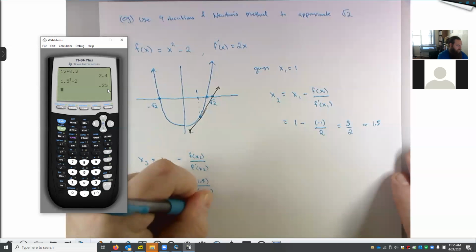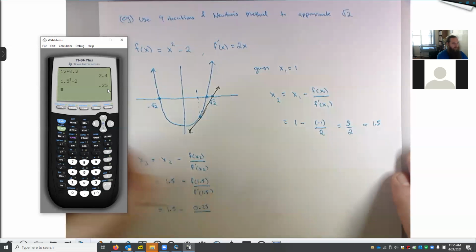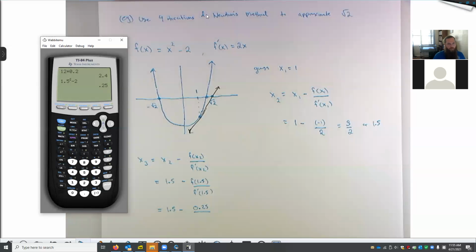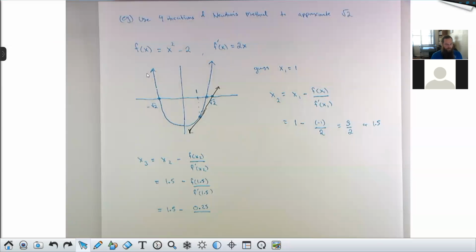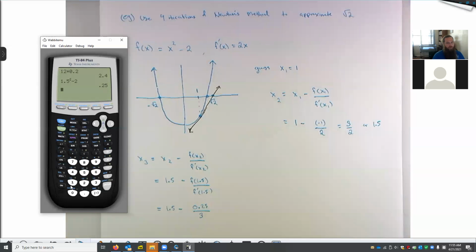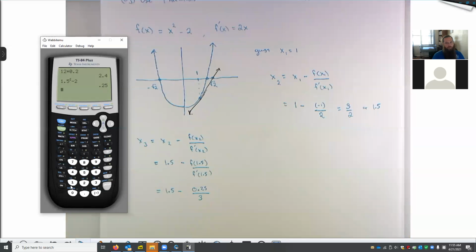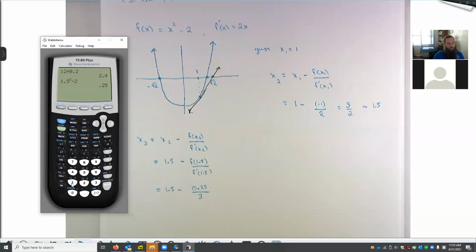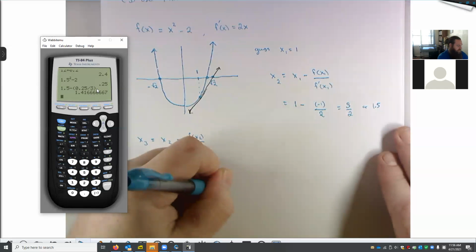So 0.25 divided by f primed of 1.5. Well, f primed of x is 2x. 2 times 1.5, I know that. That's just 3. So my next guess, my x3, is 1.5 minus, I'll put it in parentheses, 0.25 divided by 3. And this gets me 1.41666666.